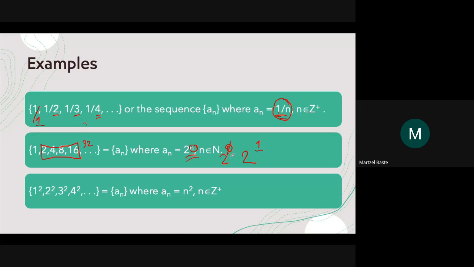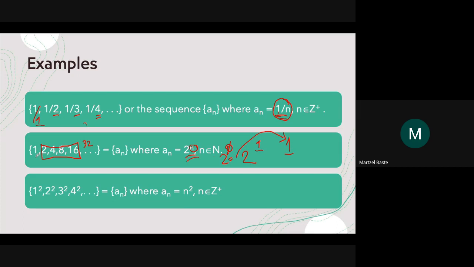Hala, nakalimot sila. The rule is, any number raised to the power of 0, the result is always 1. Very good. Therefore, it is 1.